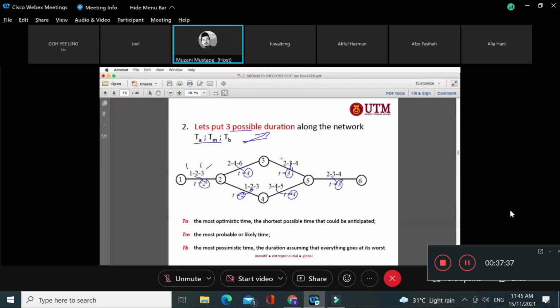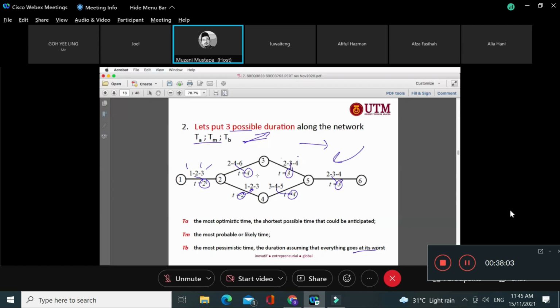This is the shortest time, this is the longest time, the longest because it's when things go worse, meaning the pessimistic time. Okay, can you follow so far? Again, can you determine the critical line yet? No, right? Why? Because we have not done the forward pass and backward pass yet.